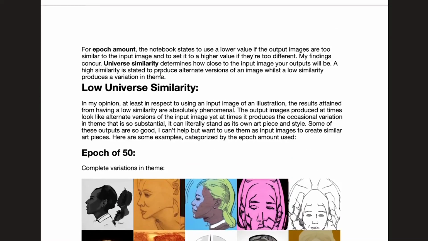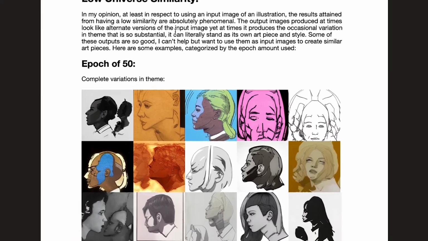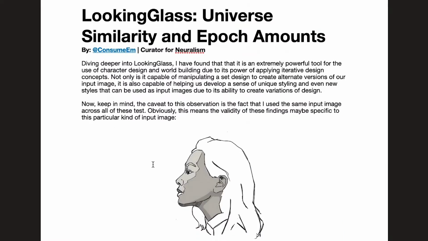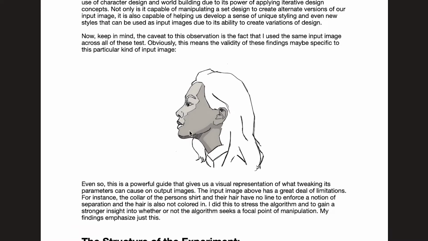Something I do want to note is that when using low universe similarity, if you want something that is not your input image, so let's abstract this. If I want an art piece, an illustration or painting-like vibe like what this is here, but I don't want it to look like this. This is just the limitations of myself as an artist.